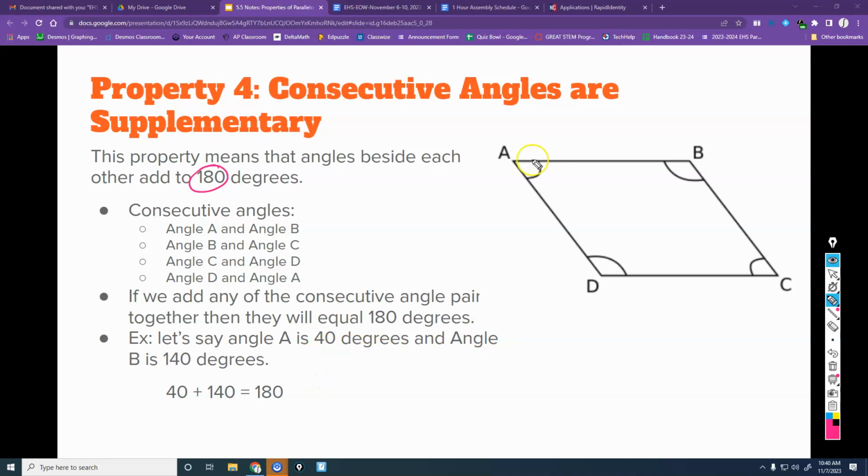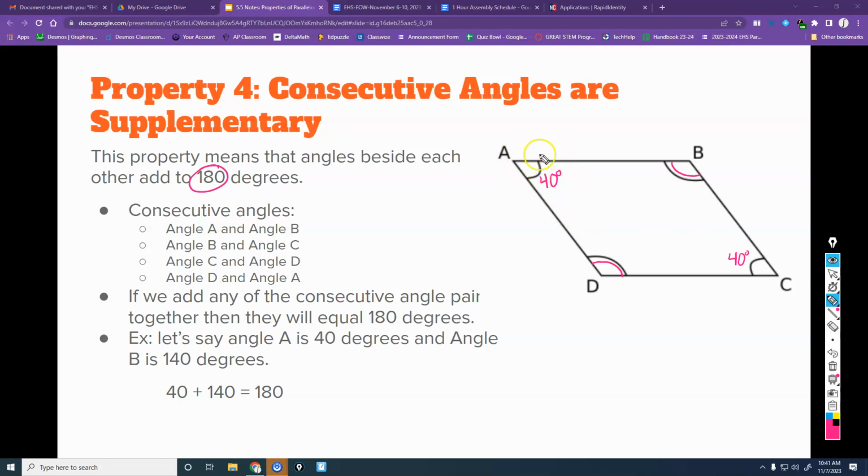So, for example, if angle A is 40 degrees in a parallelogram, and let me mark this with a double angle here. I don't like the way they've got that marked. If I have one single angle of a parallelogram, I can find all of them. Because if I know A is 40, for our last property, I just found that C should also be 40. But I also know consecutive angles have to add up to 180.